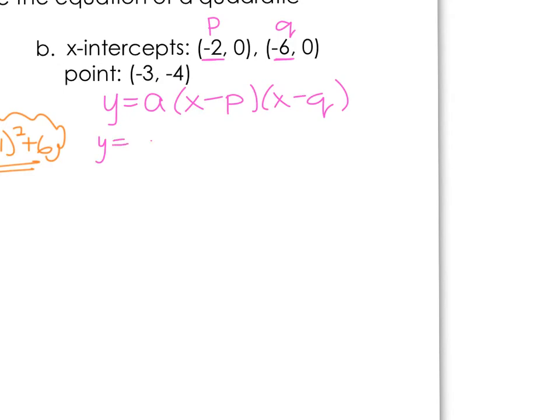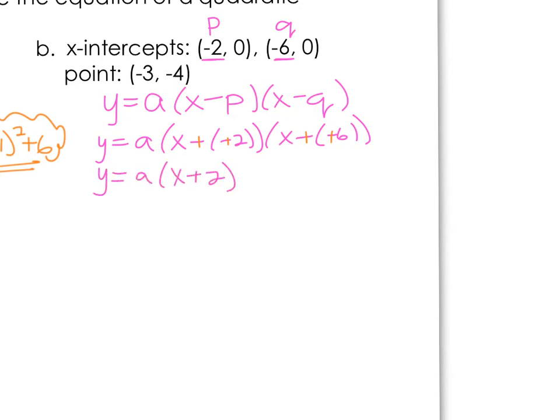When I plug in p and q now, we have x minus negative 2 and x minus negative 6. Noting that when you have a double negative, that would actually change to positive in both of the equations. And that gives us y equals a times (x plus 2) times (x plus 6).